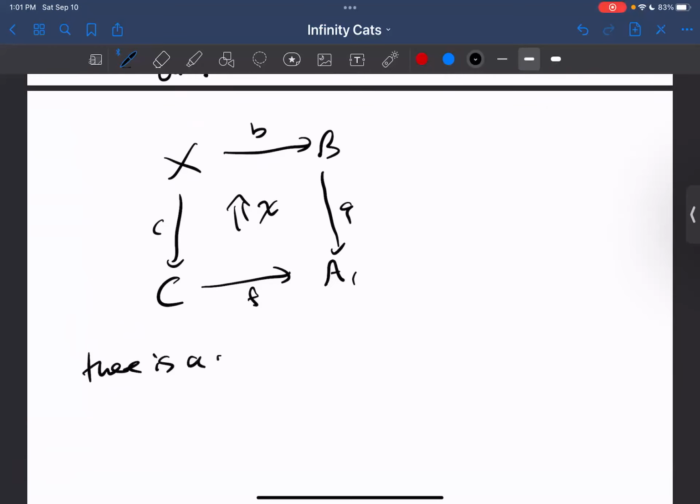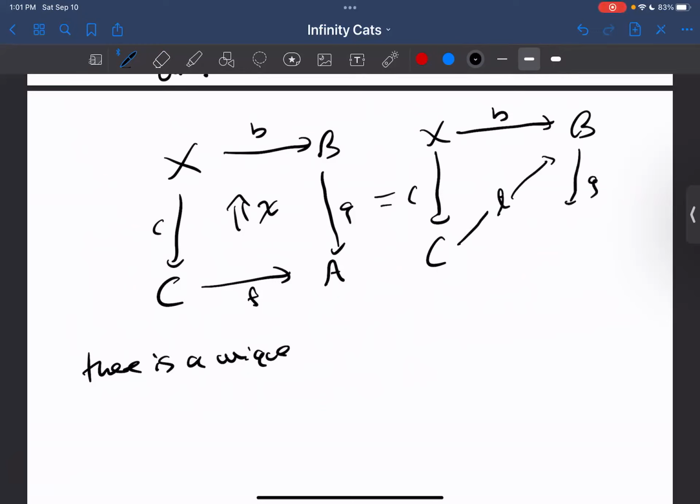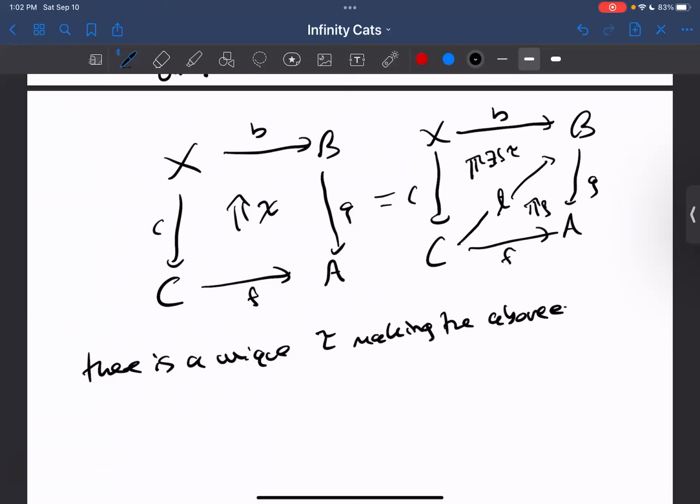There is a unique tau, making the above equality hold, let's say.